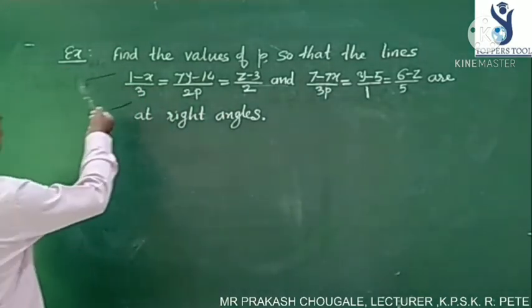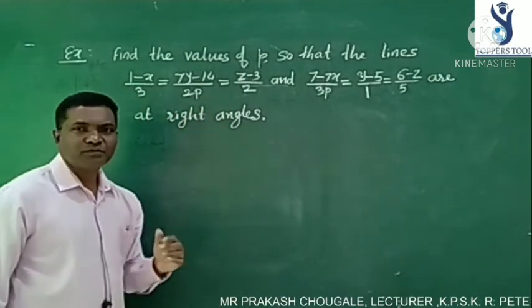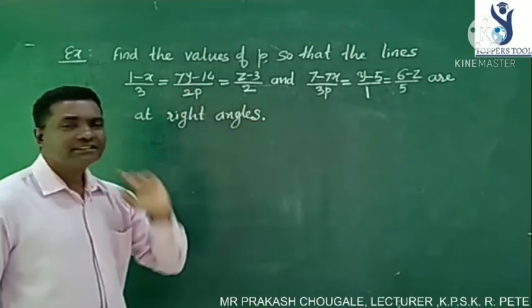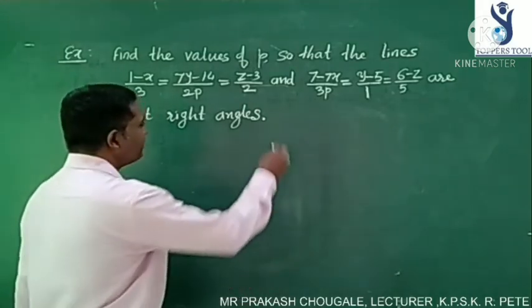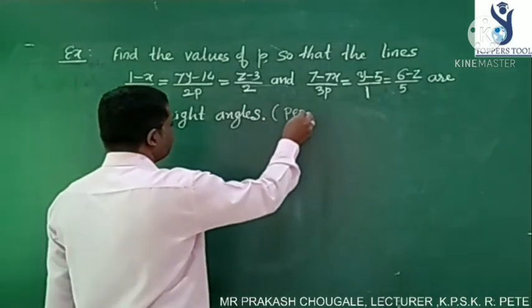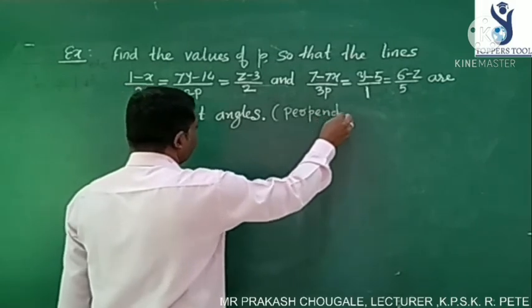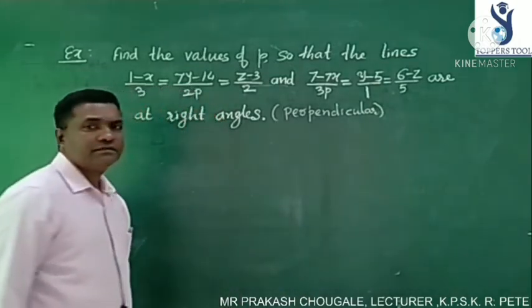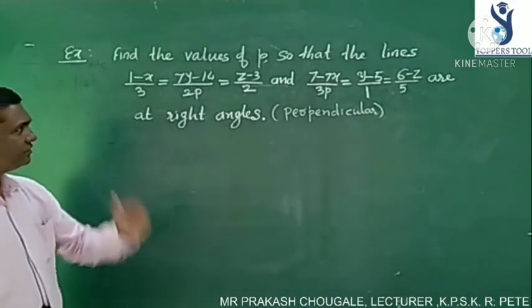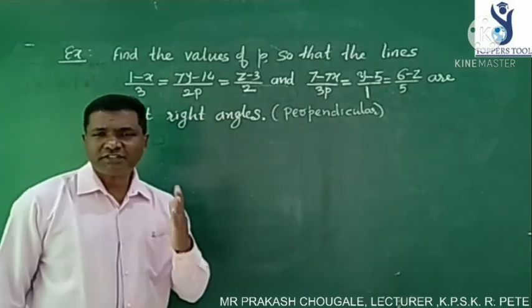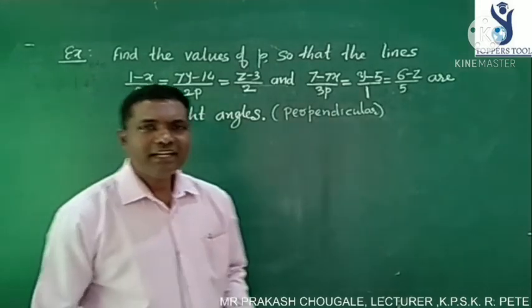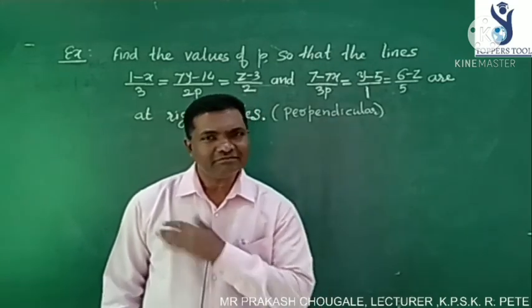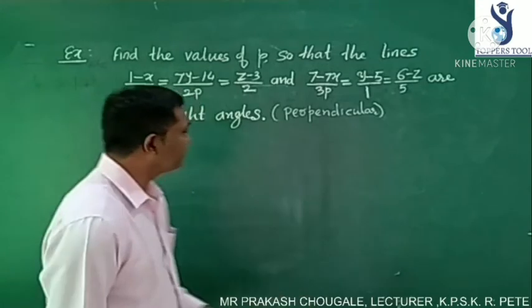Now see here, find the values of P so that the lines this and this are at right angles. Right angle means perpendicular. So same thing, if two lines are perpendicular, then what are the values of P? First you need to identify the direction ratios of these two lines. If you identify correctly, half of our work is finished.